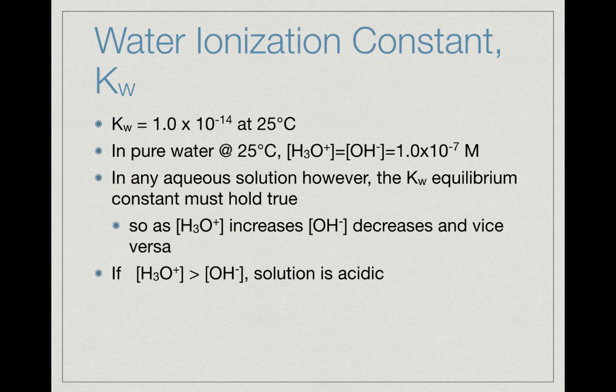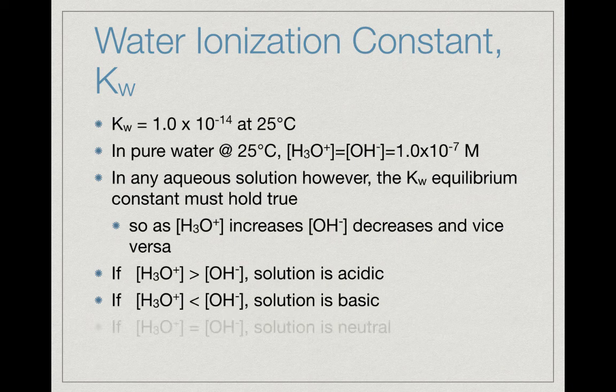If the hydroxide is less than the hydronium, then the solution is acidic. If the hydronium is less than the hydroxide, then the solution is basic. If the two ions are equal to each other, then we say that solution is neutral.